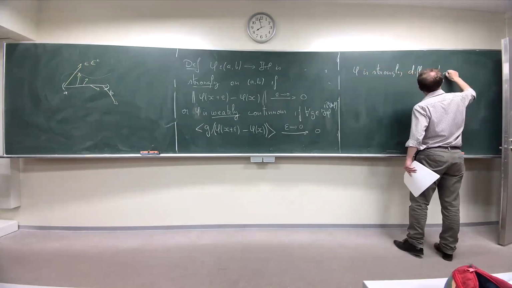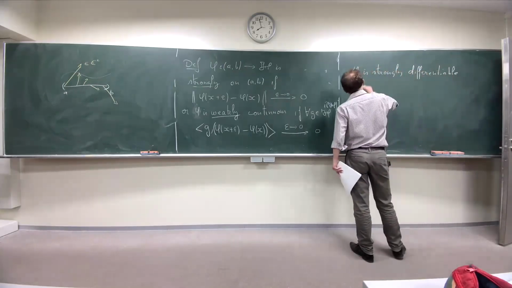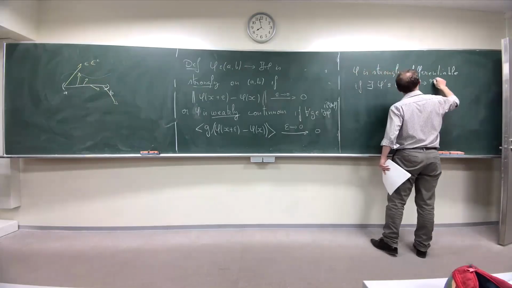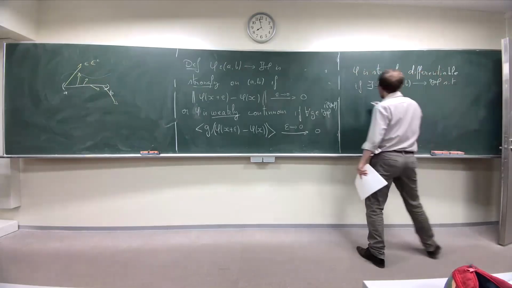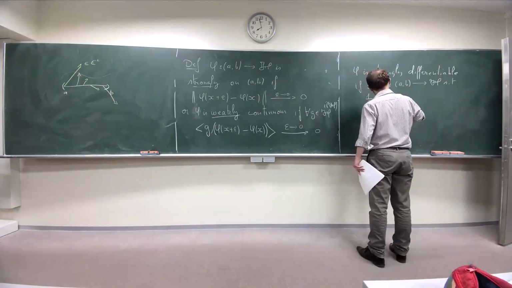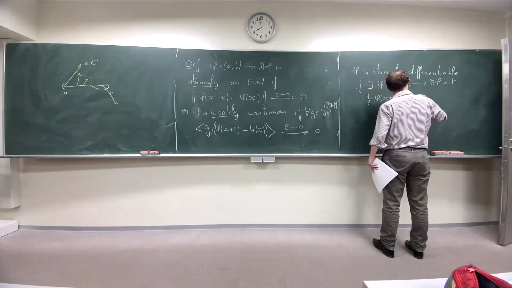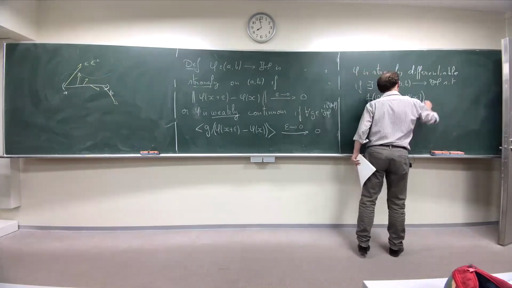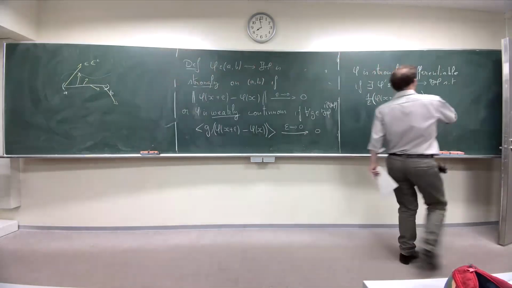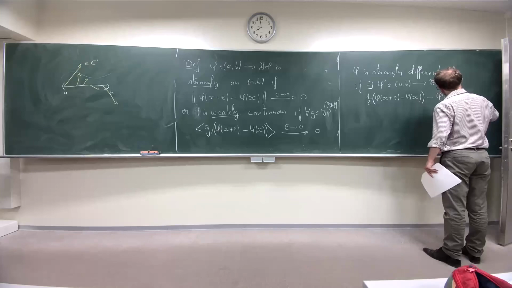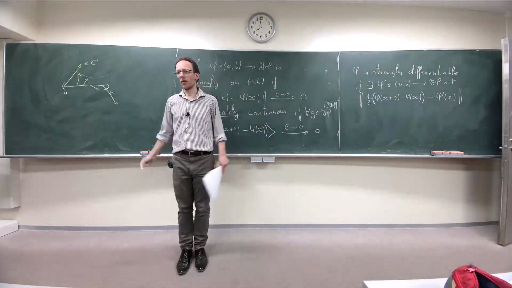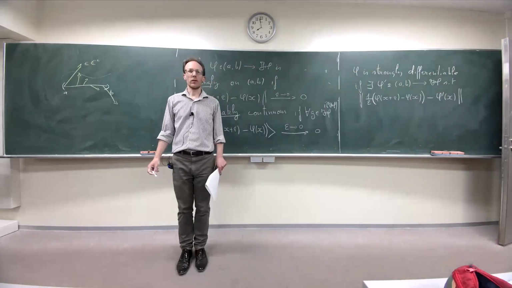I mean, everything is quite natural. If there exists a function phi prime from AB to H, such that, for differentiability, 1 over epsilon times phi of X plus epsilon minus phi of X, this is how we define the derivative, minus the derivative, goes to 0.